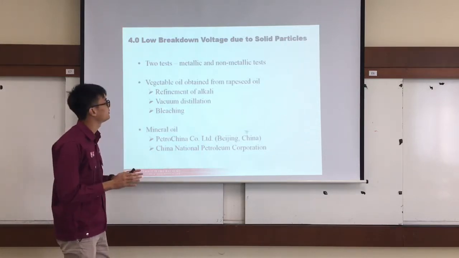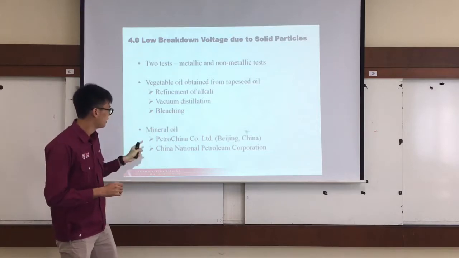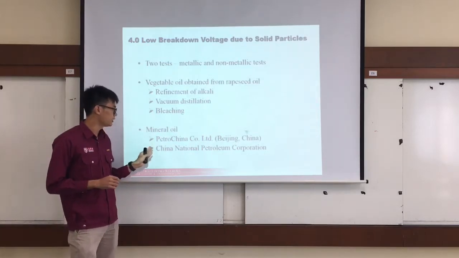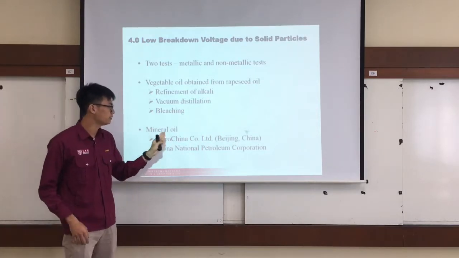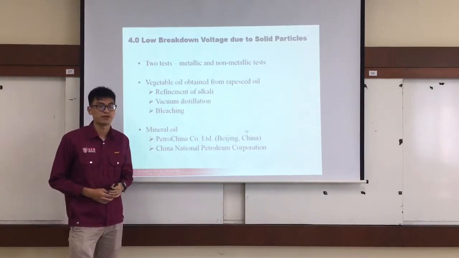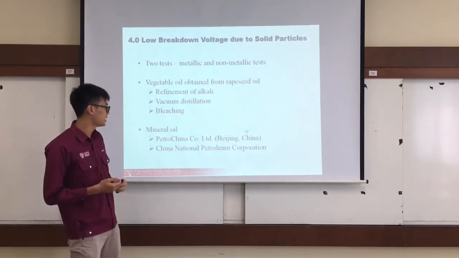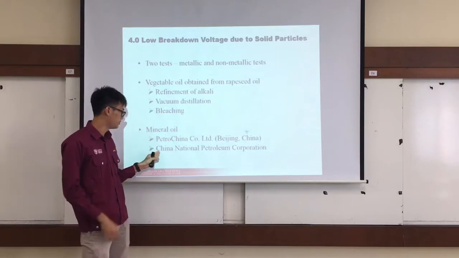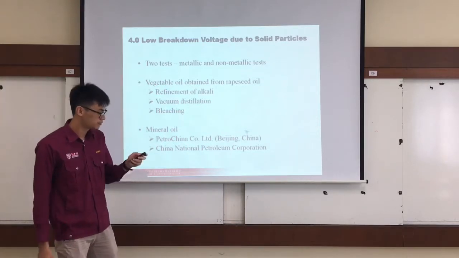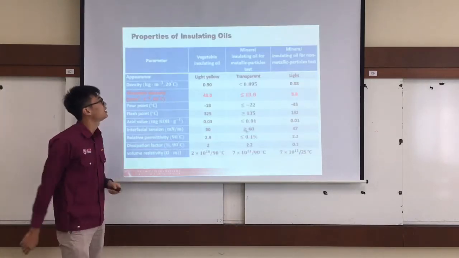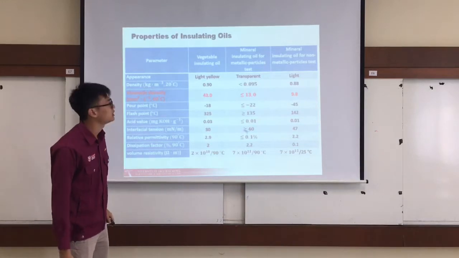As for the metallic test, the mineral oil was obtained from PetroChina Coal Ltd from Beijing, China. Whereas for the non-metallic test, the oil was obtained from China National Petroleum Corporation. Let's look at the properties of the insulating oil.